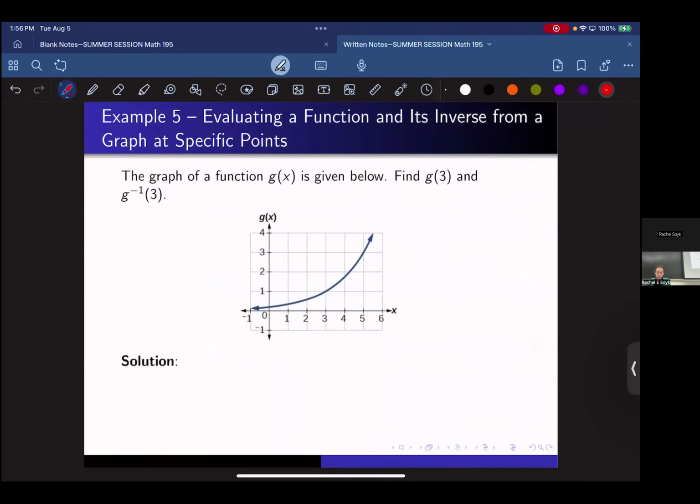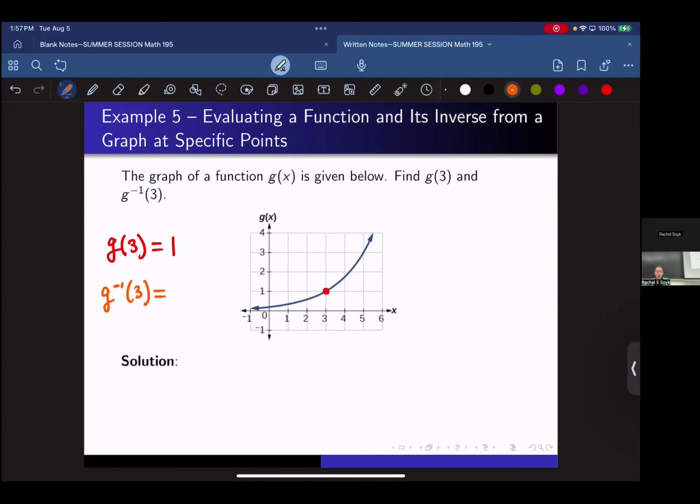This is a graphical representation of finding inverse. So we're given our g of x graphed below, and we're asked to find g of 3. So when our x is 3, our g is at 1. But then we're also asked to find, okay, well then what's g inverse at 3?